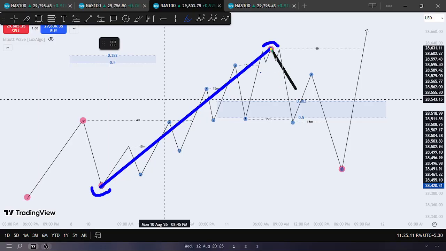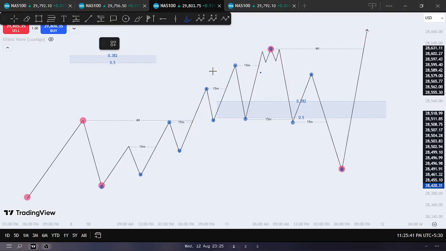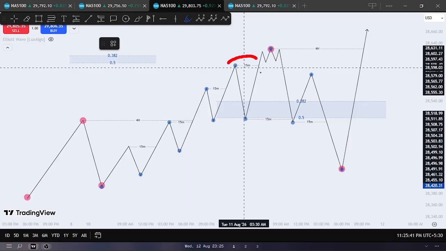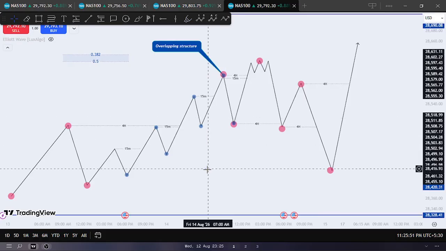Then you saw a pullback, then your strong low was this and weak high was this. It actually followed your direction. The structure that you said was 4-hour was just a 15-minute structure. You became smart. Congratulations.